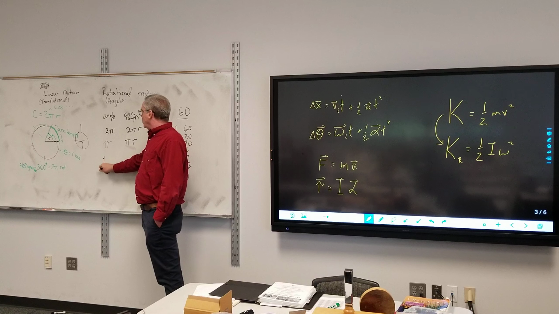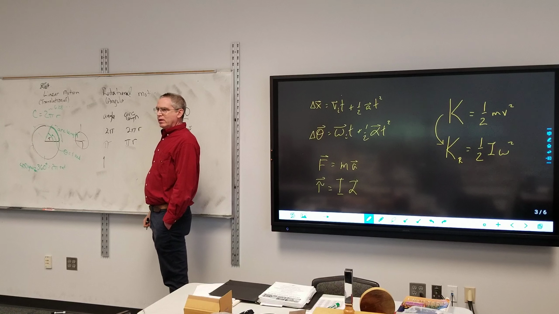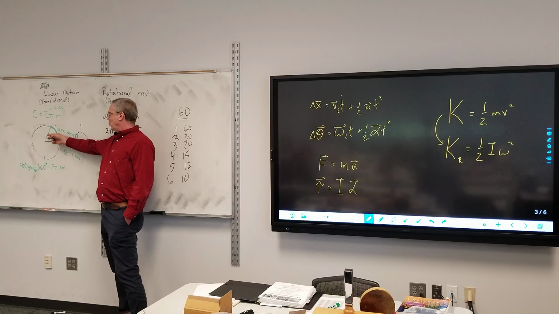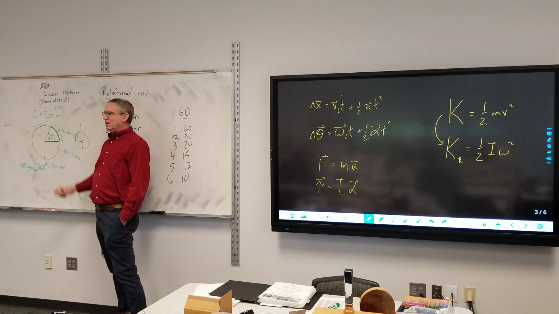Suppose my angle is 1 radian. What's my arc length? Again, that's 1 radian there. What is the arc length?